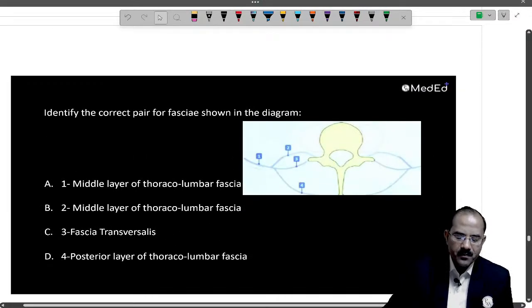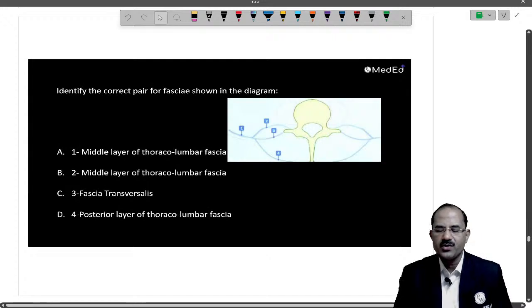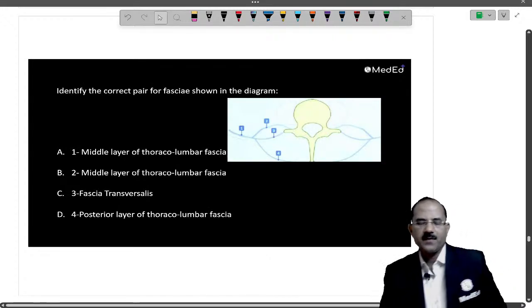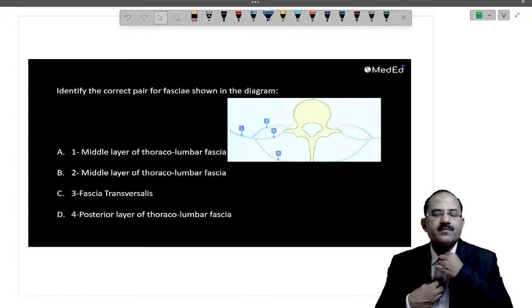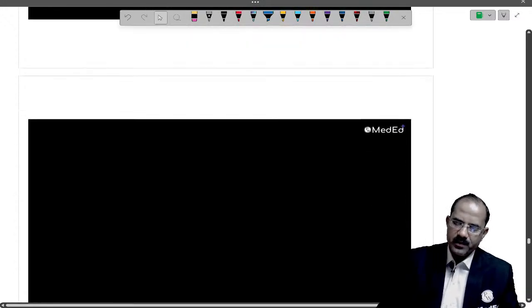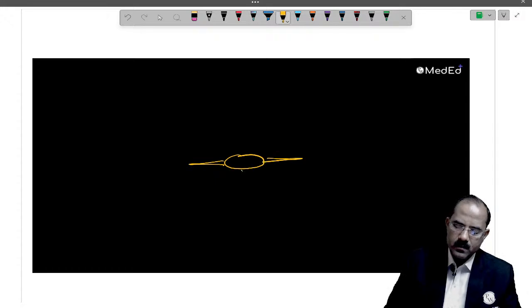Okay, so answer this. Identify the correct pair for the fascia shown in the diagram. Can anyone identify these fascias? I'll draw this for you. Just one moment. So this is the vertebrae.